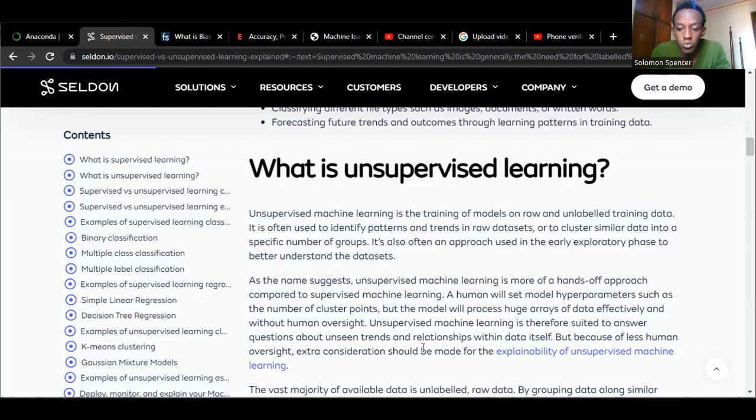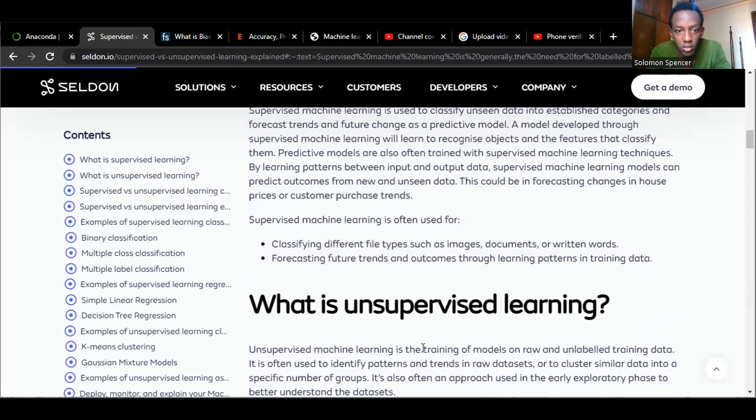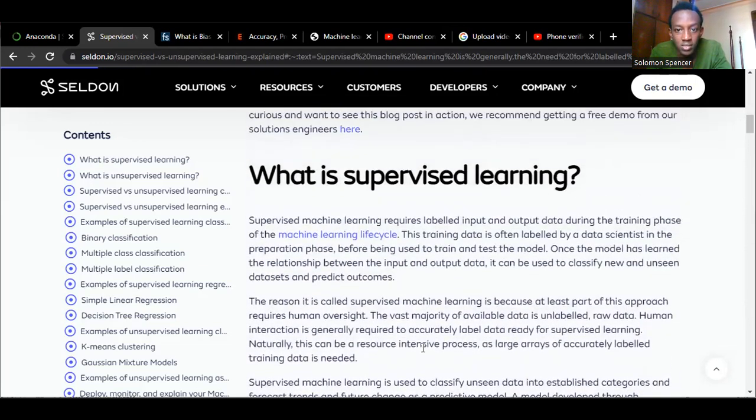But then when it comes to supervised learning, it requires labeled input and output data during the training phase of the machine learning lifecycle. The training data is often labeled by a data scientist or, for example, a labeler.